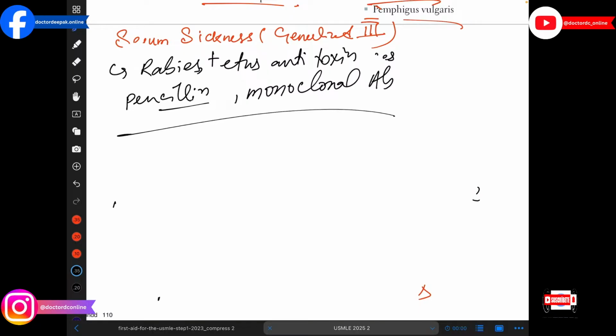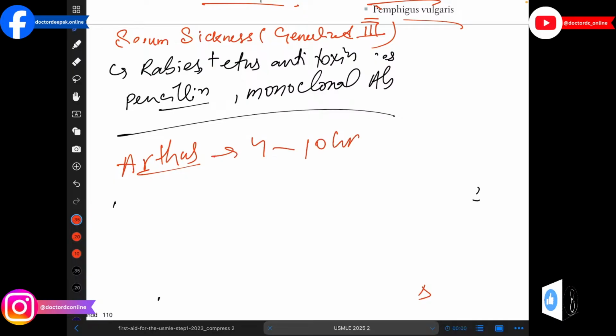If we talk about the localized Arthus reaction, it is a local tissue reaction, usually in the skin, due to injection of an antigen. The preformed antibody in the plasma and tissue forms immune complexes 4 to 10 hours after the injection, in contrast with type 1, which occurs in minutes.